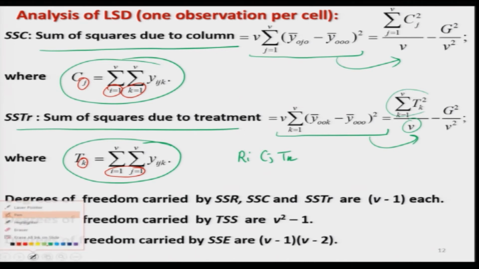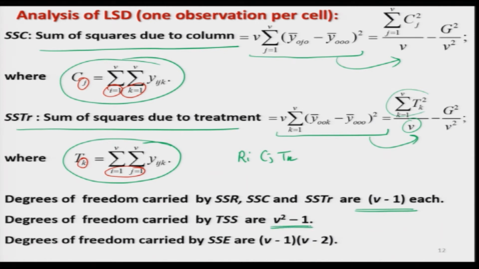Right. Similarly, the degrees of freedom carried by the sum of squares due to rows, columns and treatments are exactly v minus 1 in each case. The degrees of freedom carried by the total sum of squares will be n minus 1, which is v square minus 1. If you obtain the degrees of freedom of SSE by subtraction, which is v square minus 1 minus the degrees of freedom of rows, columns and treatments, you will get (v minus 1)(v minus 2).